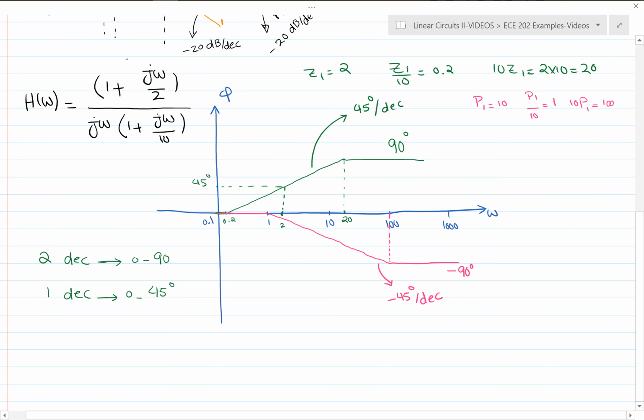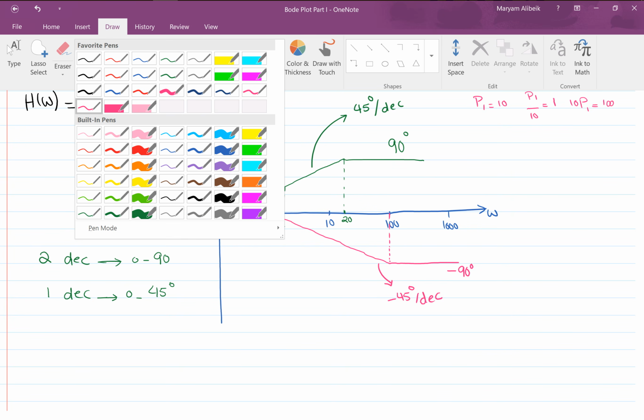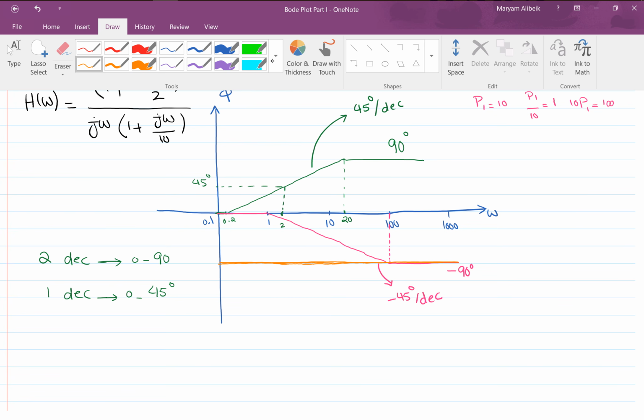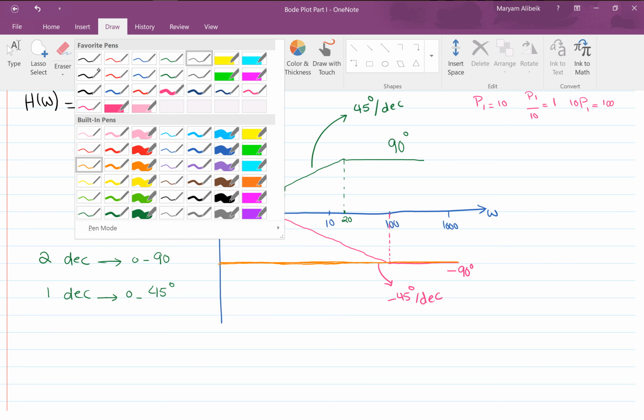Okay, and then we have to draw the phase plot for the pole at the origin, which is easy. It is negative 90. So let me draw it with orange. It is negative 90. Okay, so these 3 are separate plots for each factor, and now I have to add them graphically. So let me specify the frequencies where something is happening.